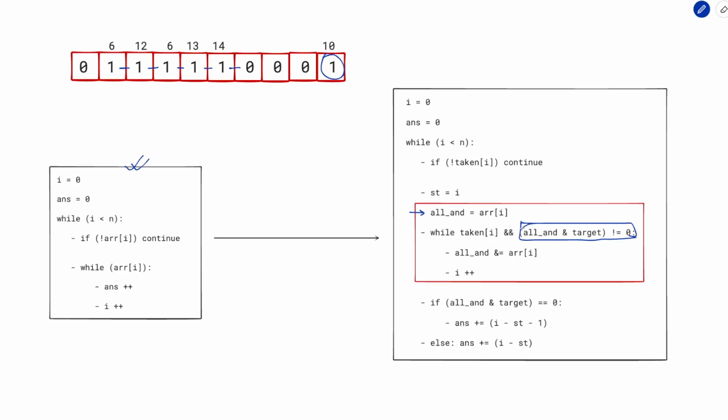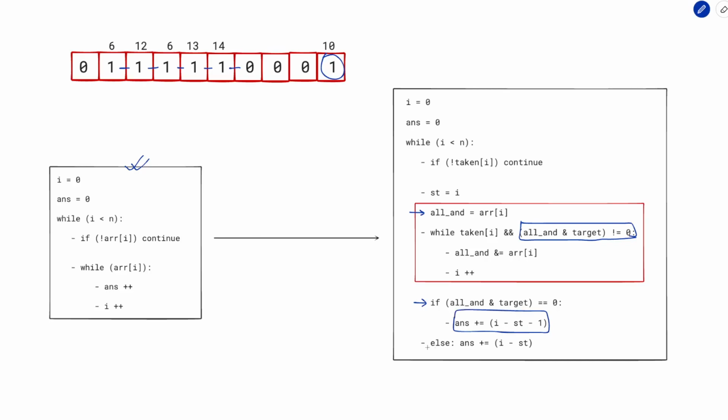So we will keep on doing AND until we exhaust all the consecutive ones, or we hit a number up till which the bits we care about are all 0, right? Now one of these conditions is satisfied. If the first condition is satisfied, the total number of operations required would be the number of elements we have visited minus 1.